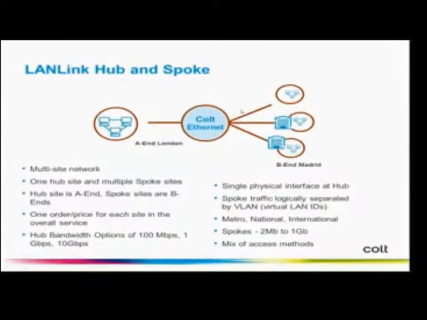When he orders the service, he has to define with Colt, for example, that this location uses VLAN number 101, this 207, and this, let's say, 705, just so that he can talk to them. As soon as he wants to talk to one of these locations, he has to mark the packets he sends with this number. Colt then knows, okay, this is 201, so we'll send it to that location, and so on.